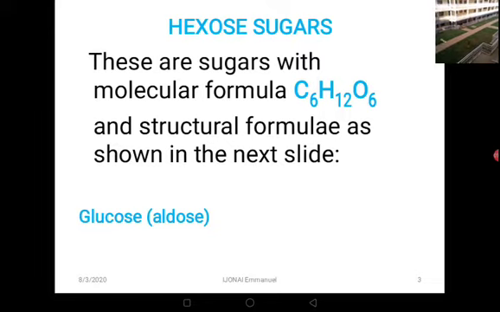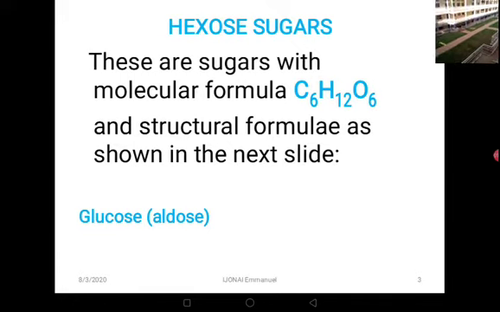So these are sugars basically with molecular formula C6H12O6. Now, C6 means there are 6 carbon atoms, and that's where the name hexose comes from, from the word hexa, meaning 6. You remember hexagon, a 6-sided figure or structure is called a hexagon.